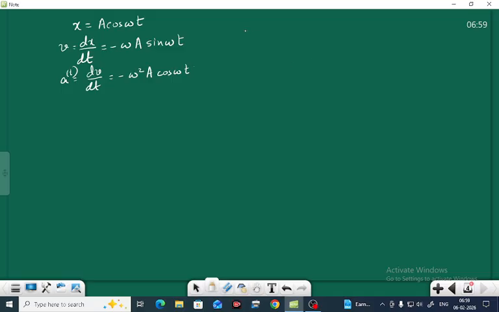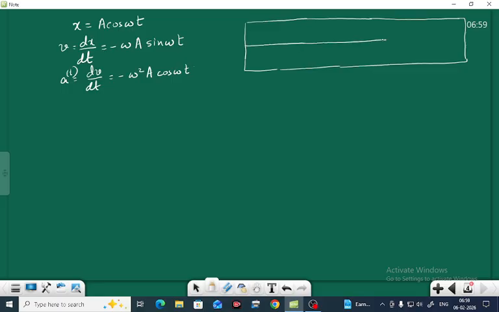Here we are finding 5 values of acceleration versus time. So let us find the 5 values. This is a and this is time.